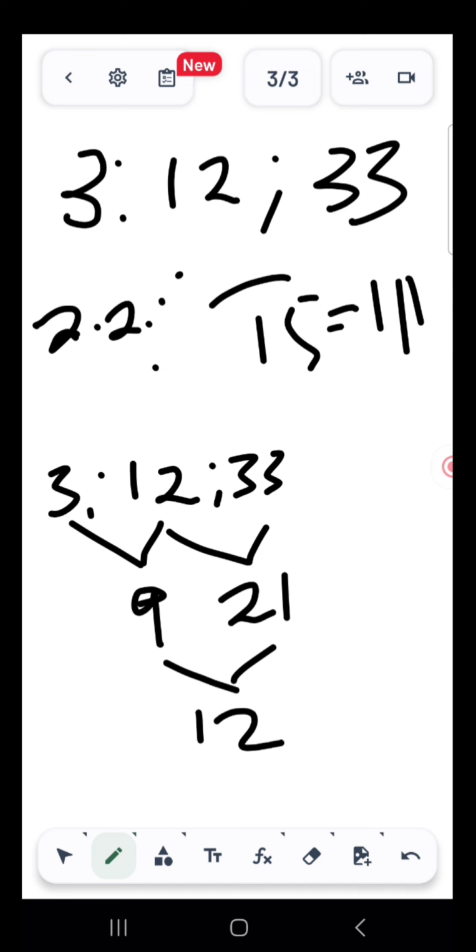Right? So we are looking for the other terms. The second difference is 12, 12, 12, because it's quadratic, right?